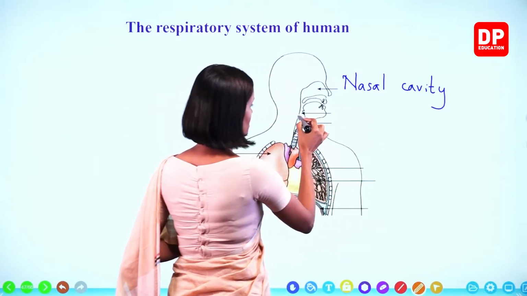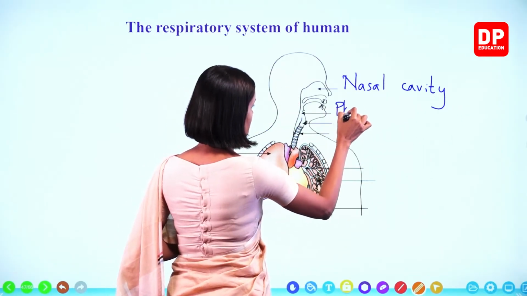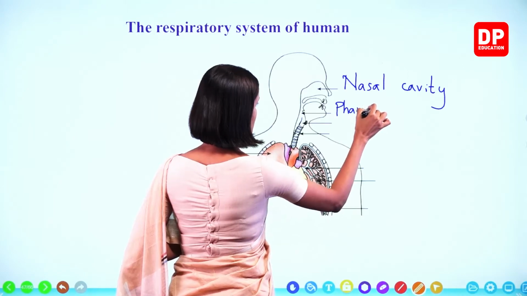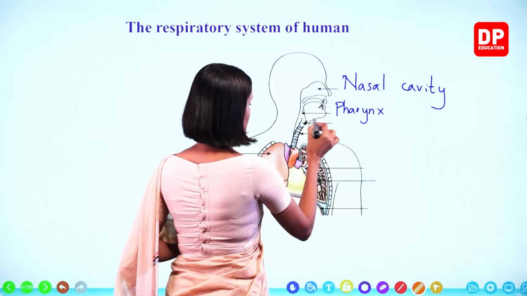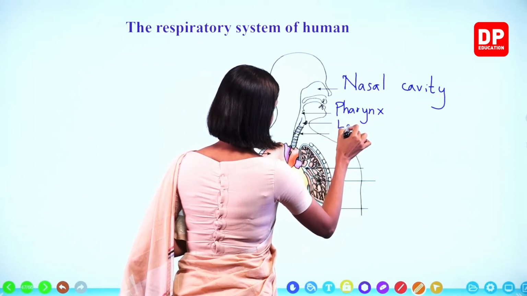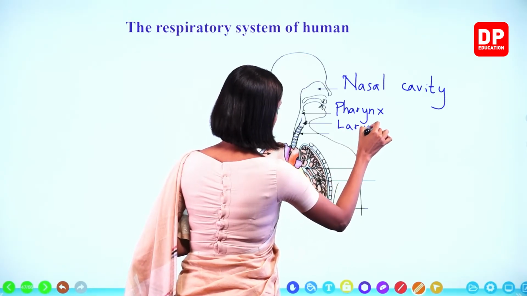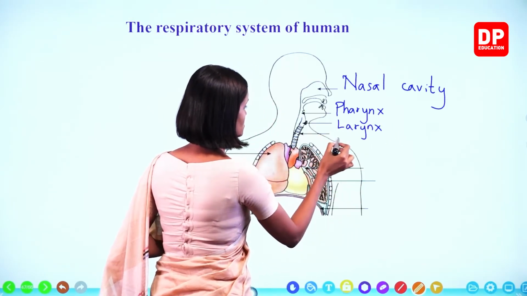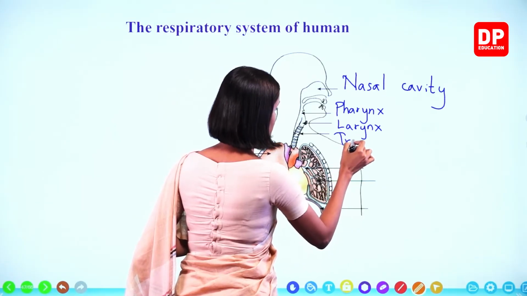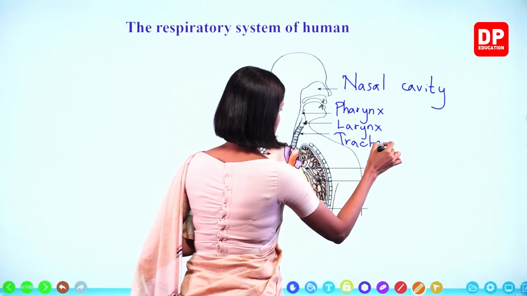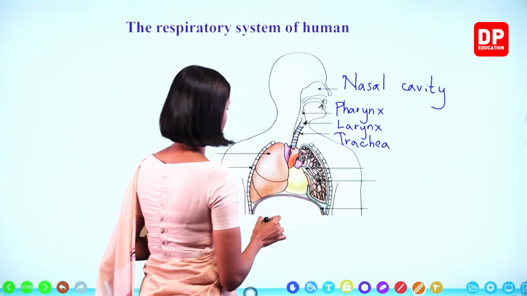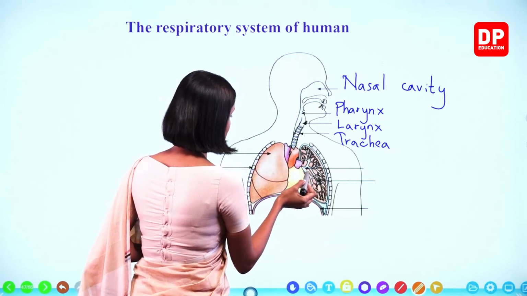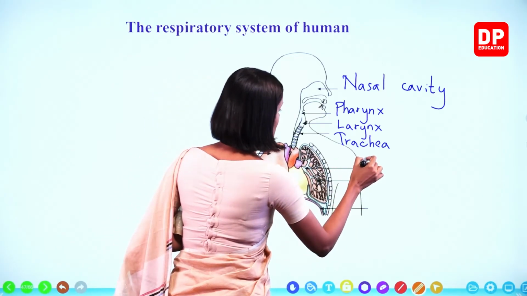So this is the common passage, pharynx. Then larynx. And then the tubular structure called trachea. And you all can see this branch is known as the bronchus.